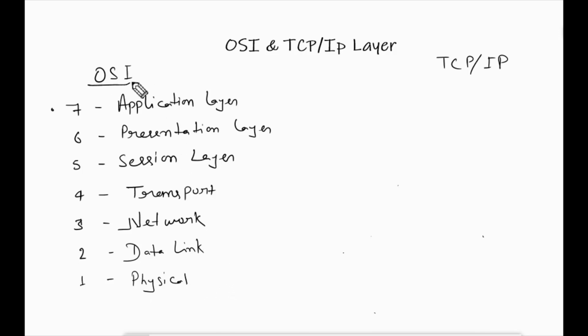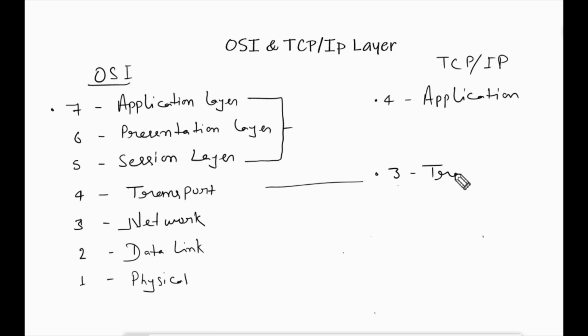So these are all the layers of OSI, whereas in the TCP/IP model it has combined these upper three layers and made one, which is called the application layer. Then the transport layer as it is. Now they have also kept this similar.